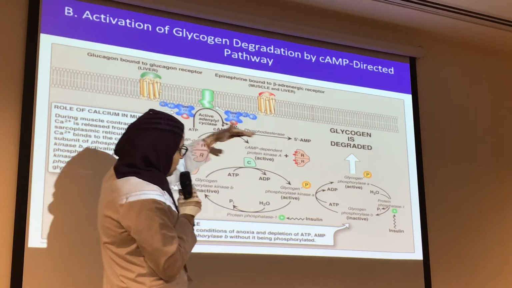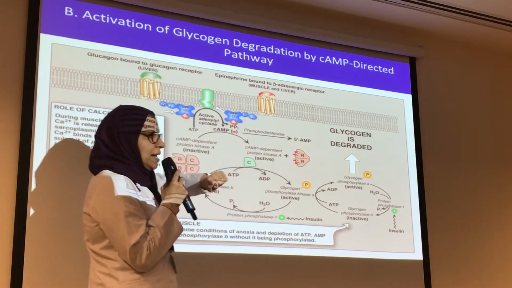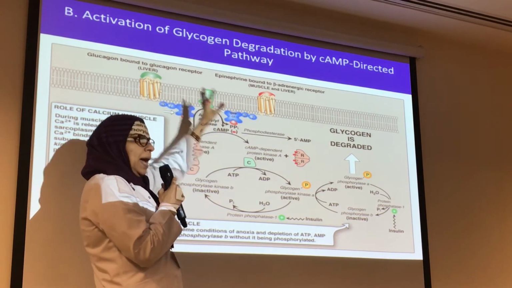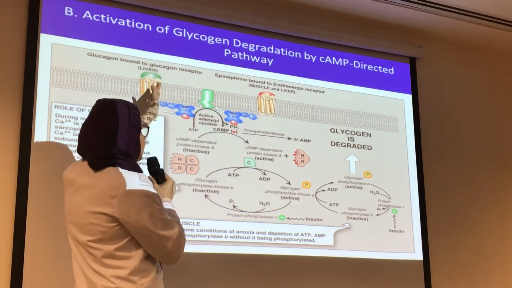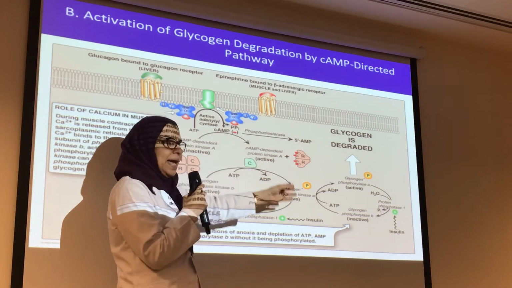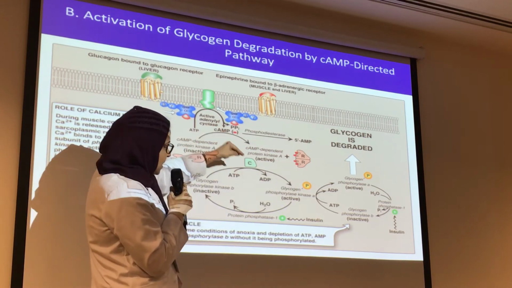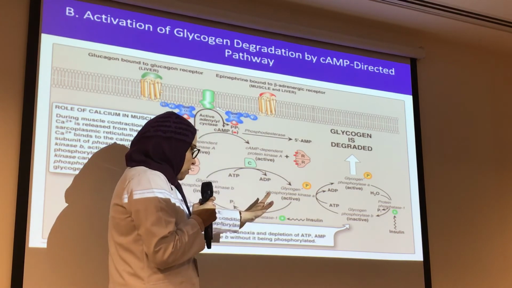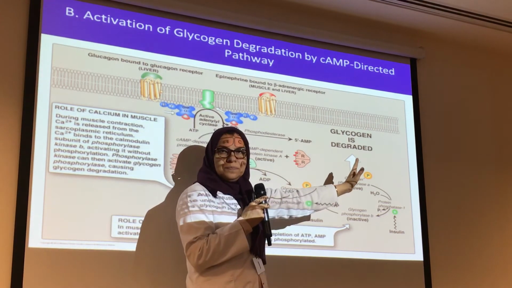So calcium will immediately activate the phosphorylase kinase. The glucagon, no, it needs to bind to its receptor, activate the G protein, which needs to activate adenyl cyclase, cyclic AMP needs to activate protein kinase A, then protein kinase A will activate the phosphorylase kinase. And from there, it's the same thing, okay?